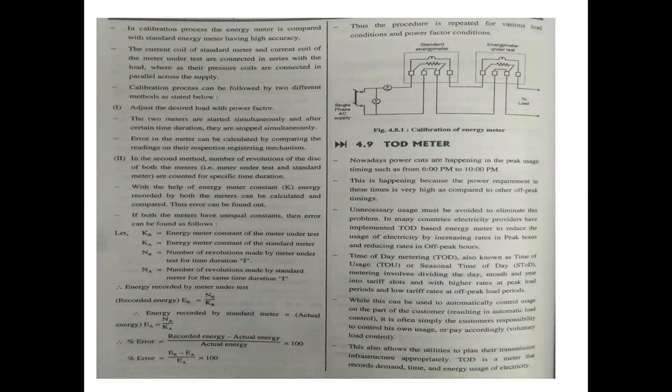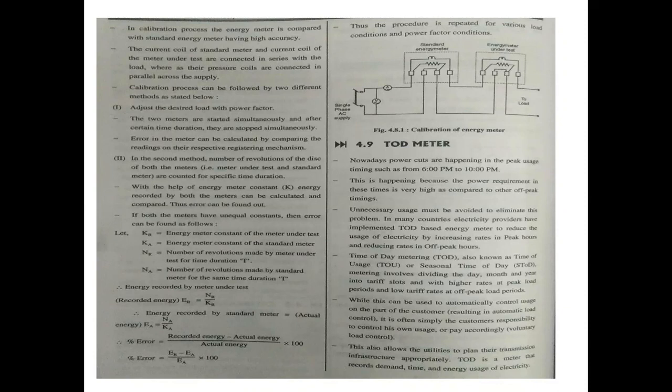Time of day metering. In that, we measure the power, the energy, in some specific period of time. Nowadays, power cuts are happening in the peak usage timing, from 6 p.m. to 10 p.m. This is the peak period in India.